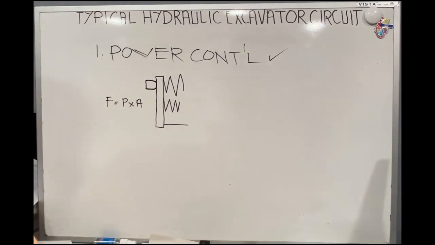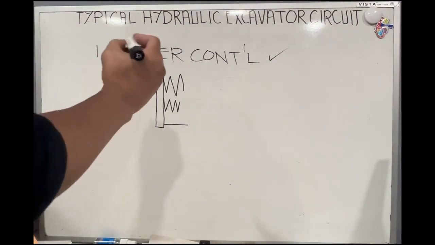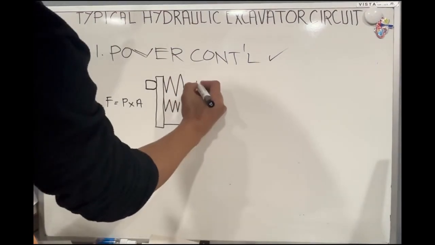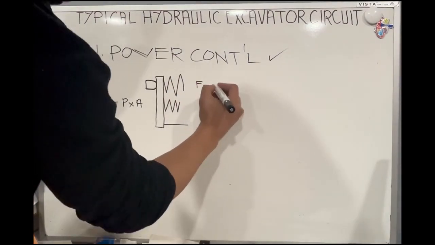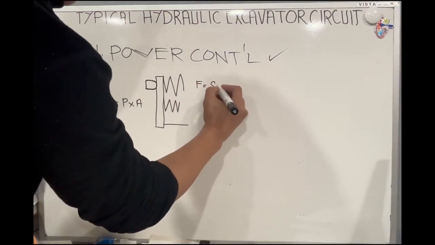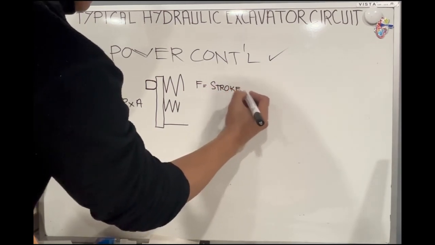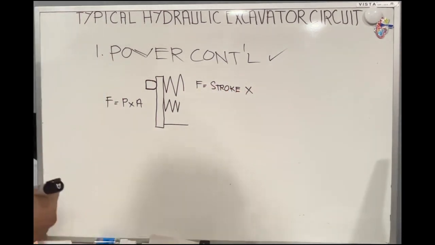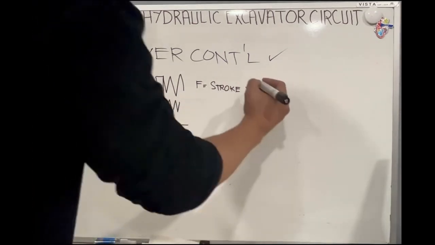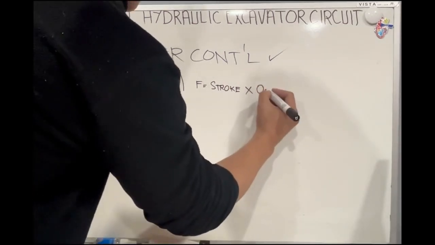Now the spring, you have the spring stroke times spring rate outer. This is the outer spring rate.